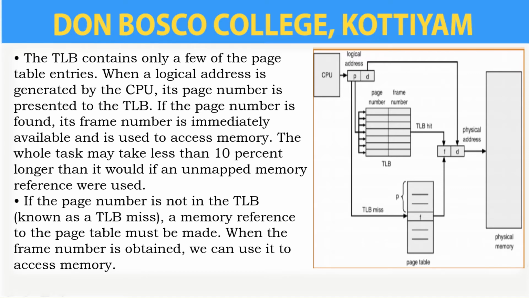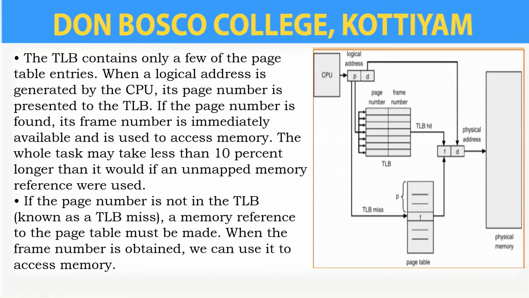The page table contains the page number as well as the corresponding frame number. And another thing is we have a TLB. The TLB will contain the data that is frequently accessed.